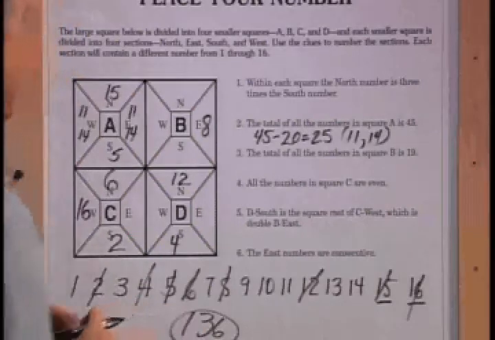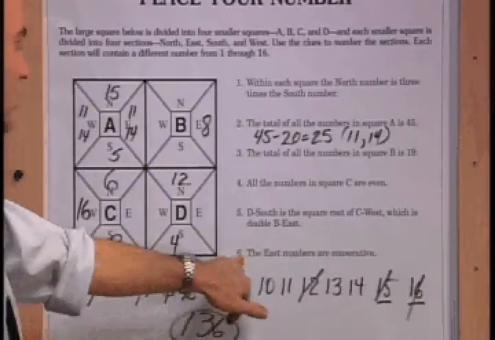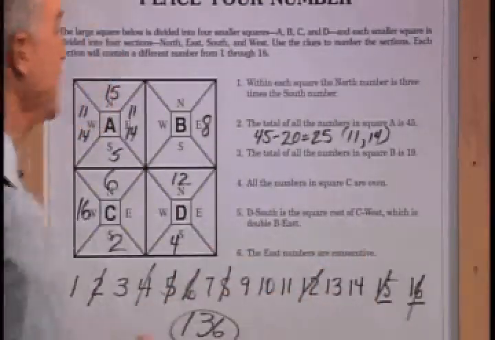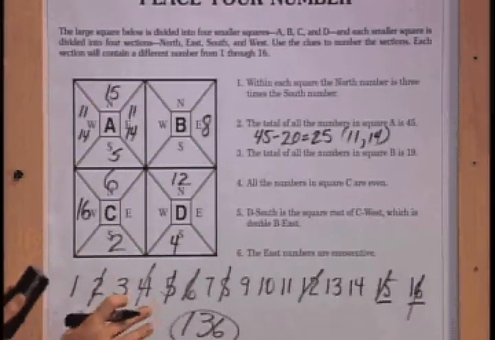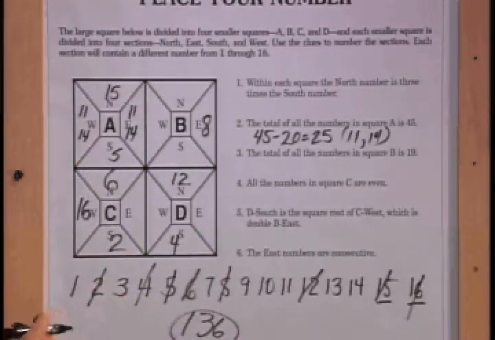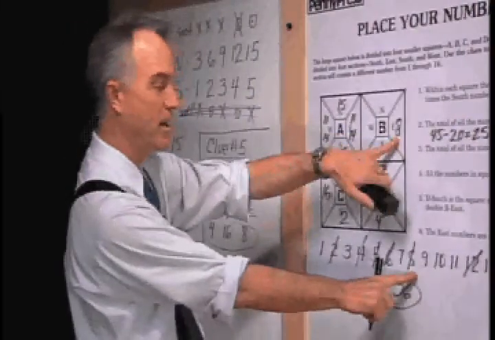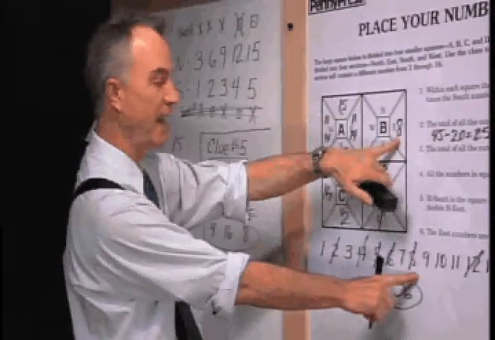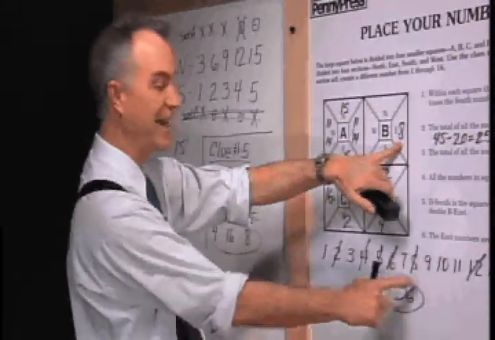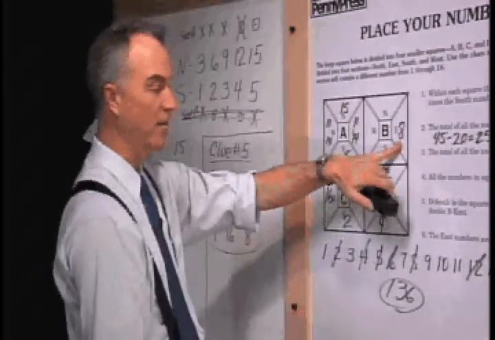However, this is where a big leap comes in. Let's go back down to clue 6. The east numbers are consecutive. It doesn't necessarily tell us what order they're in, but we do know that they are consecutive numbers. If we look at 8, consecutive numbers from 8 would have to include 5, 6, 7, and 8. So that's not a possibility because 5 and 6 have already been used.